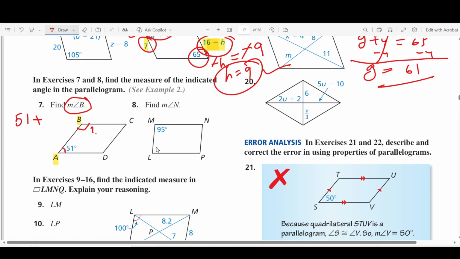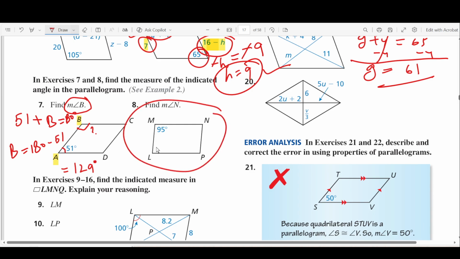So 51 plus angle B is 180. So, to find B, what would you do? 180 minus 51, right? If you subtract it, you will get 129. So the measure of angle B is 129 degrees.